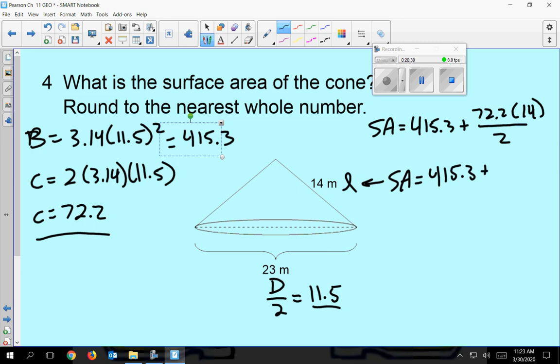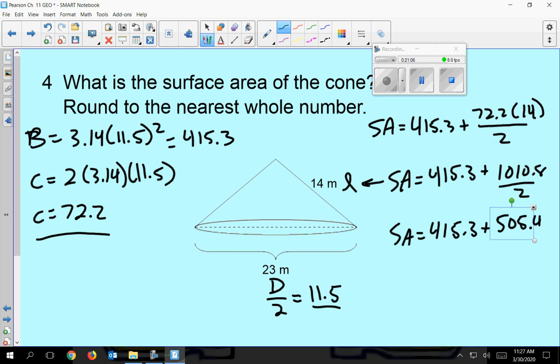Okay, so doing all my math, I'll show you everything I got. And I get about 1,010.82. So 505.4.